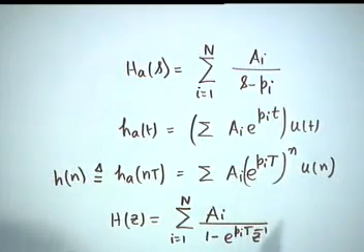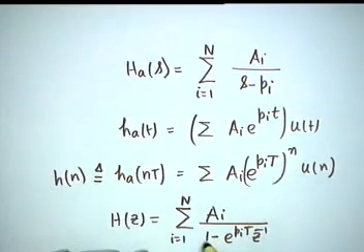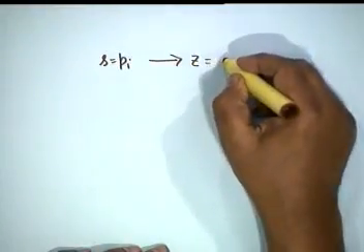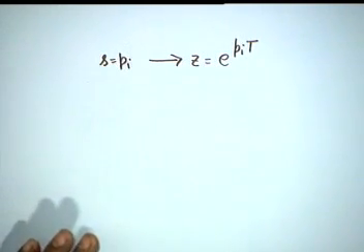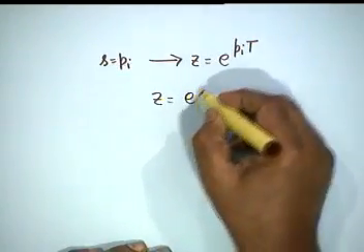I replace 1 over s minus p i by 1 over 1 minus e to the p i T z inverse, which means that the pole at s equal to p i is transformed to the pole at z equal to e to the power p i T. Now, if this transformation is to work, then a stable analog filter should be transformed to a stable digital filter, right? And you see the transformation that we are using is z equal to e to the power sT.